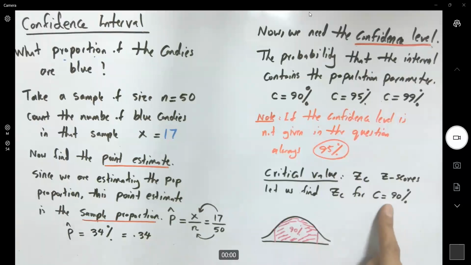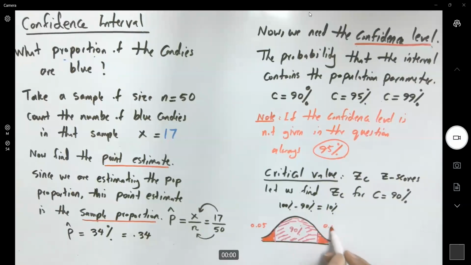100% minus 90% is 10%. So 10% is the sum of these two areas, to the left and to the right. So 5% is on the left, 5% is on the right.